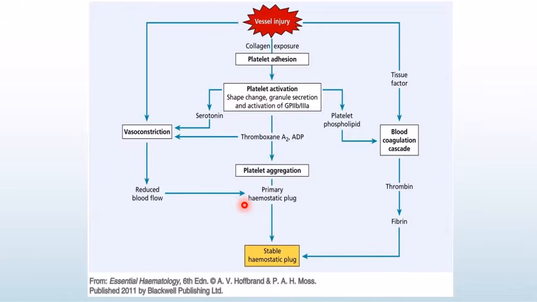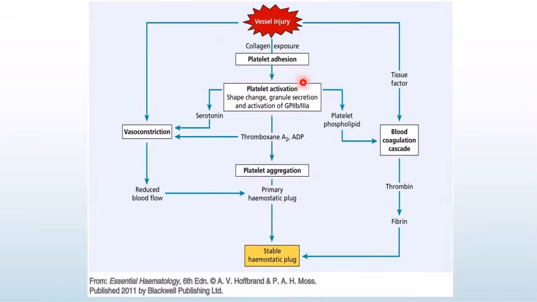And to have a proper primary hemostasis, we should have a good vascular system. The first response to vascular injury is severe vasospasm. Severe vasospasm will cause turbulence in the blood flow and give a chance for platelets to attach to the subendothelial collagen.